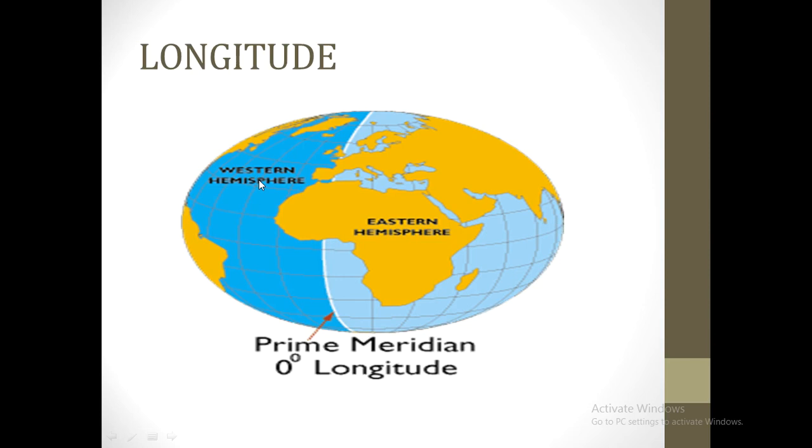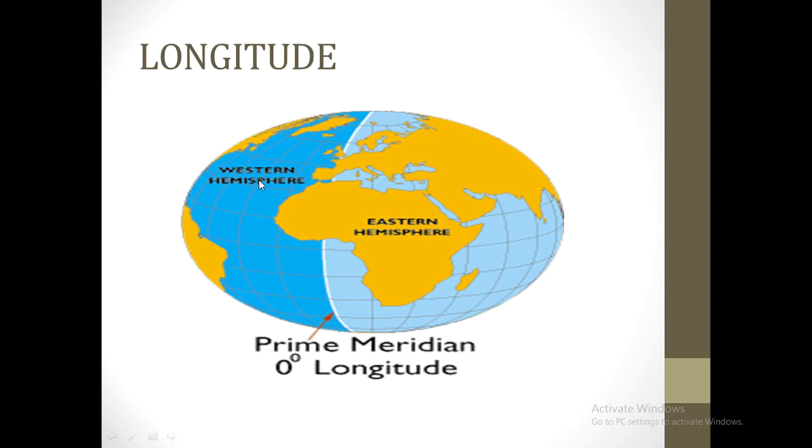The longitudes in the Eastern Hemisphere are called east longitudes, and those in the Western Hemisphere are west longitudes. So the total longitudes are 360. There are two important longitudes among them.